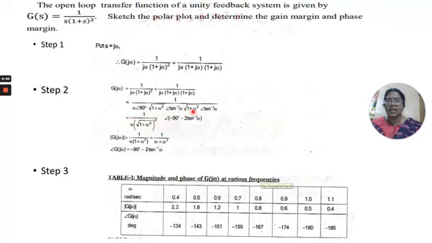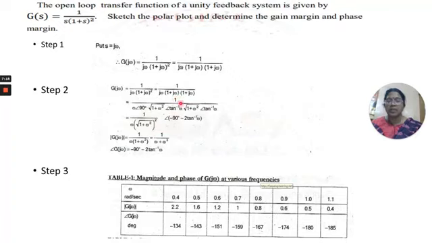This also, if you go to the numerator, is minus tan inverse of omega. So minus tan inverse omega minus tan inverse omega is nothing but minus 2 tan inverse omega. Okay. So then the magnitude of G(j omega), you keep this like this, you open this bracket, this is omega times square root of 1 plus omega square whole square. So if you open this bracket you will get 1 by omega plus omega cube. The angle is written like this.